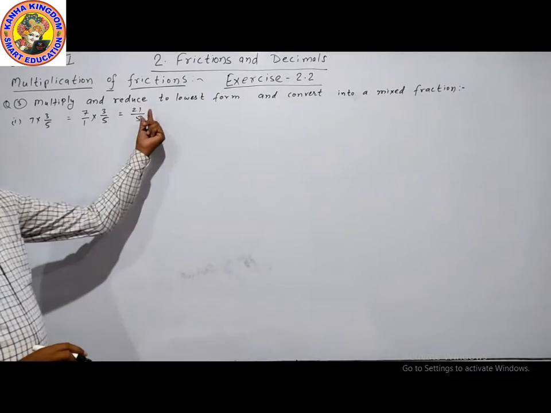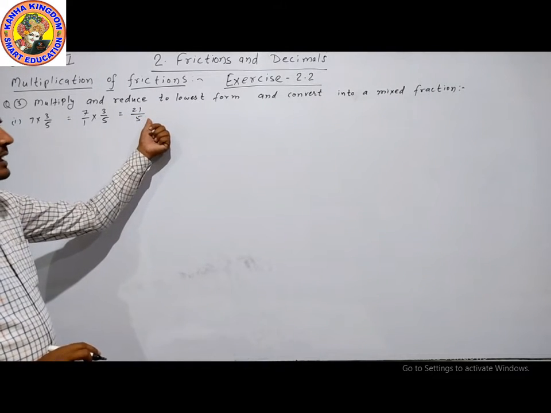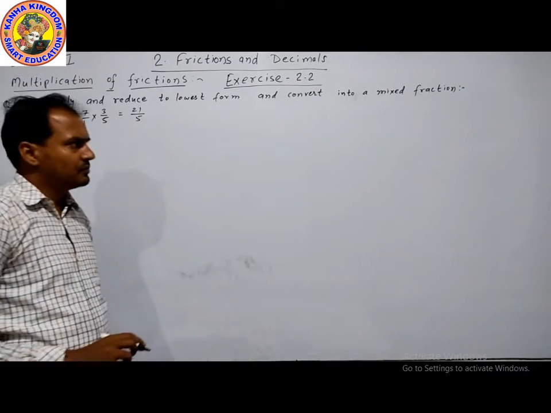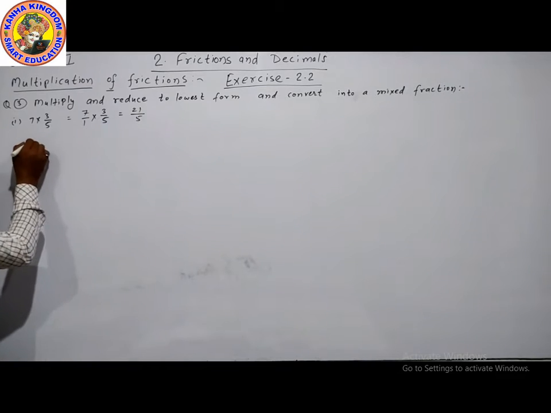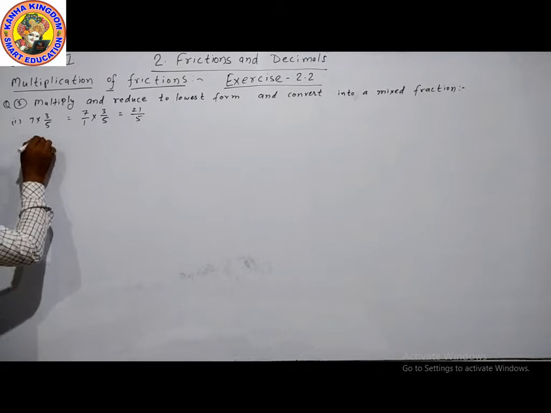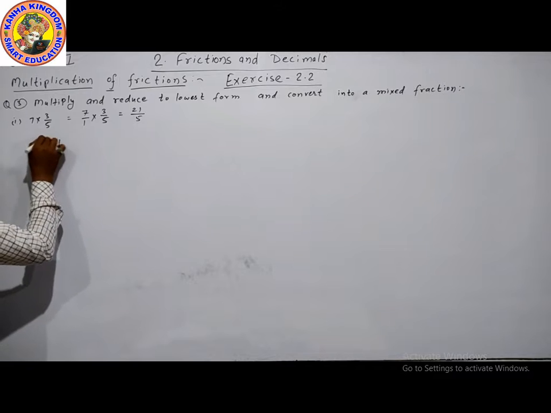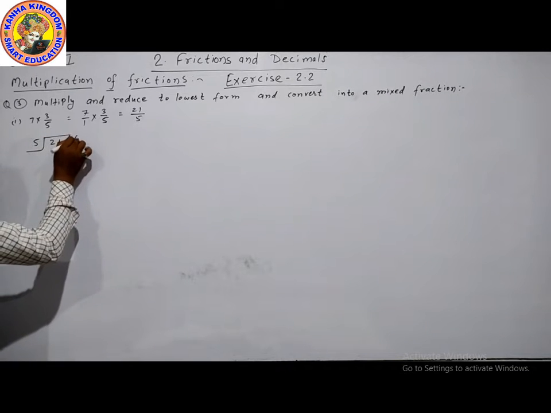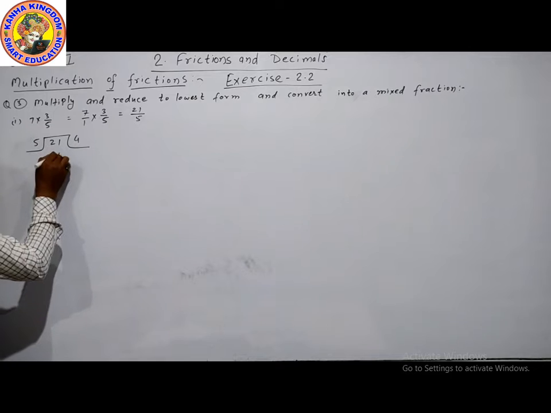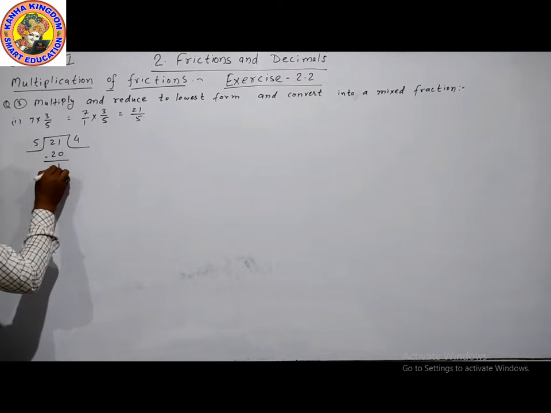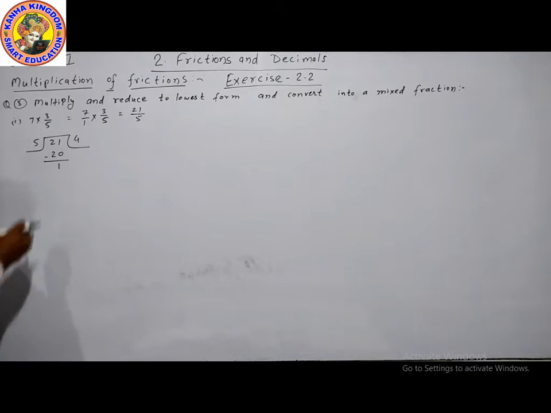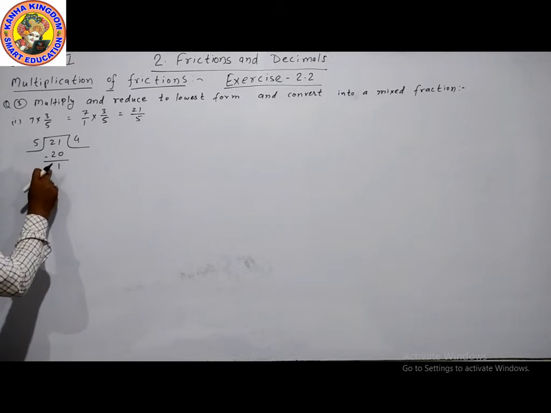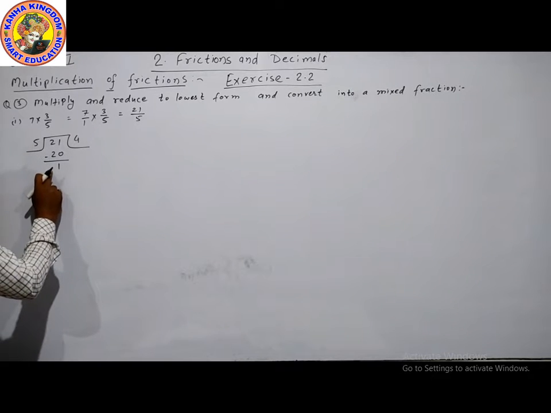This is our multiplication answer in lowest form. Then convert into a mixed fraction. We divide 21 by 5. There are 4 times 20, remainder is 1. There are no more digits, and 1 is less than 5, so we cannot divide again.